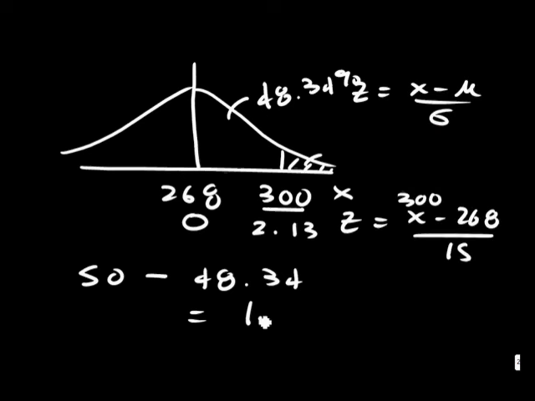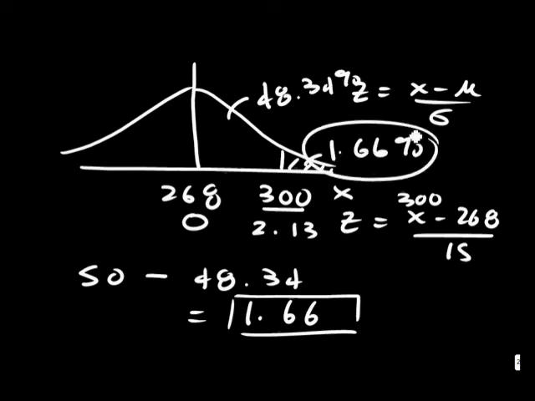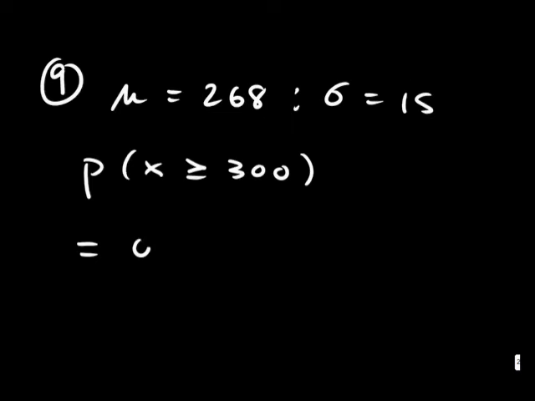That's 1.66%. 1.66% of the bell is in the right tail. The answer as a probability is 0.0166.